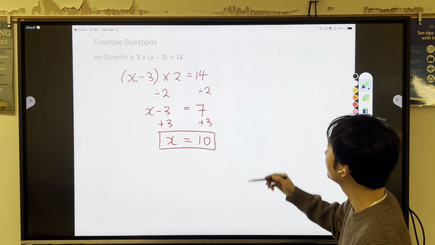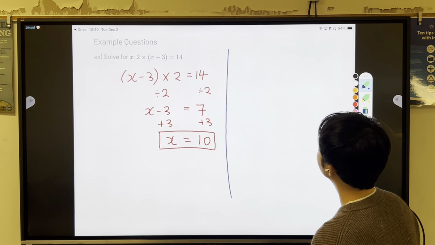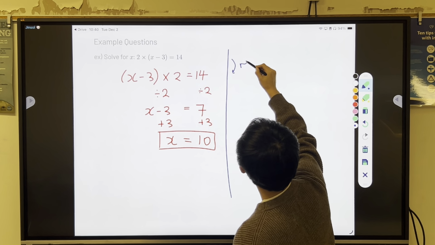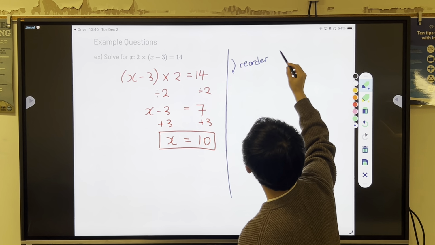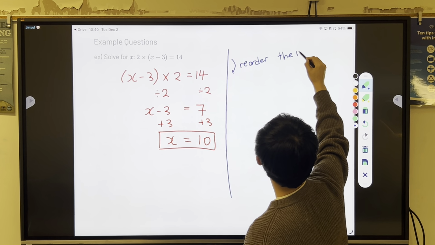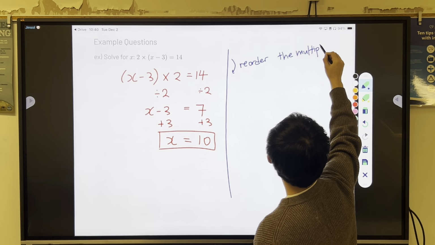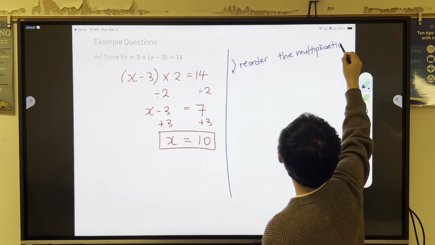Let's annotate the work here. The first thing that I did was reorder the multiplication. And why am I doing that?